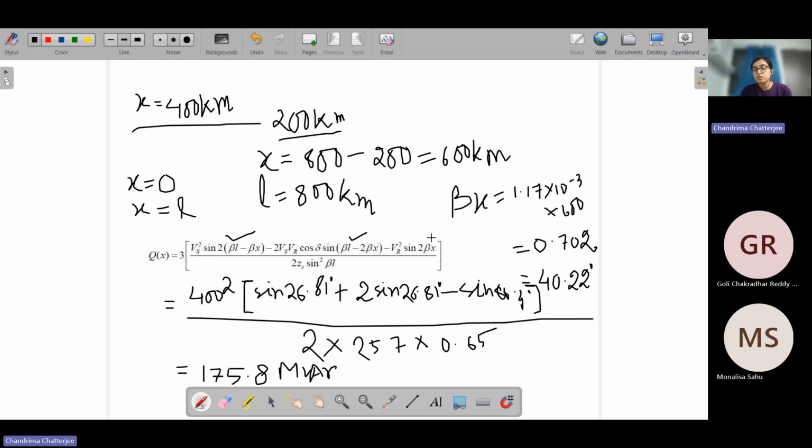So if we go by the equation, if you put x equal to L by 2 here, you will see that Qx comes out to be 0. So this is a property. Qx comes out to be 0 no matter what is the length of the transmission line. At the midpoint of the transmission line, the reactive power will be 0. For that, you don't need to calculate this.